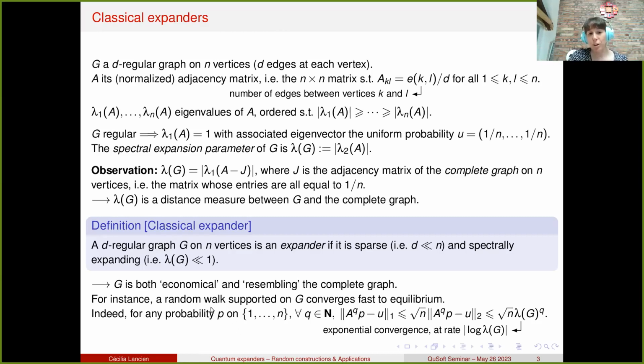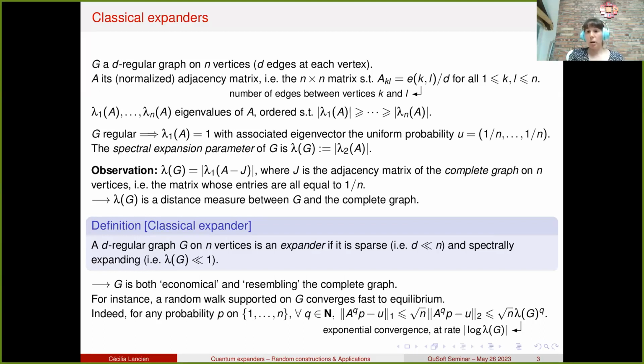You can make this quantitative: for any initial probability vector P on your n vertices, if you apply your transition matrix A q times to it, you converge toward the uniform probability vector, and the distance between the two, say in one norm, is always upper bounded by square root of n times lambda of G to the power q. So the smaller this parameter lambda of G, the faster the exponential convergence towards the uniform distribution. That is the definition and the primary interest of these objects.